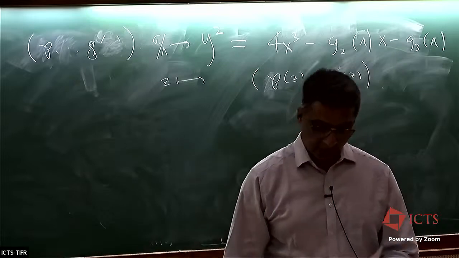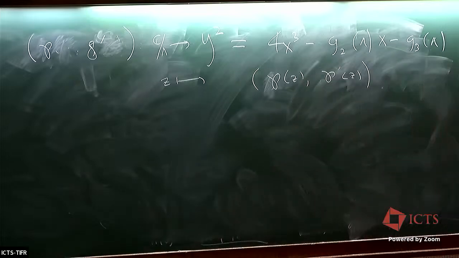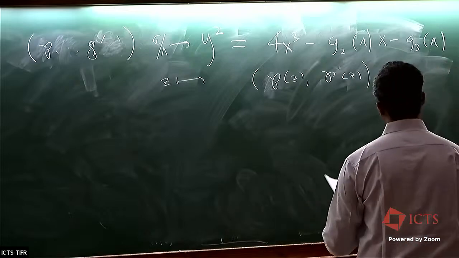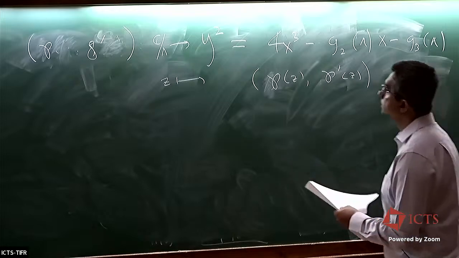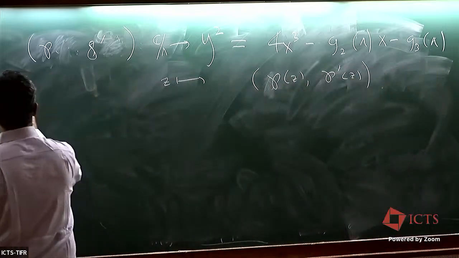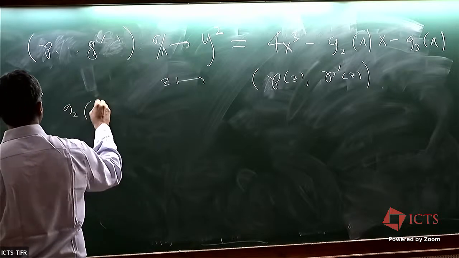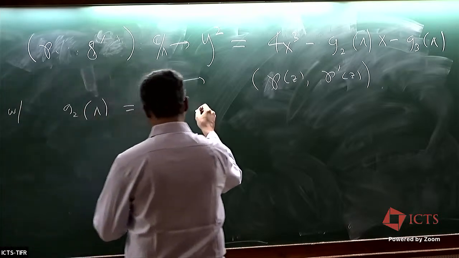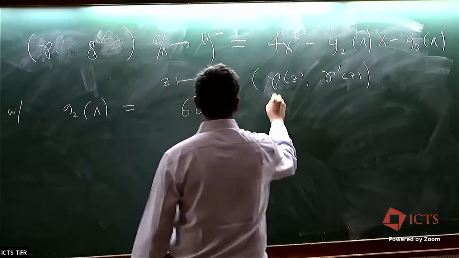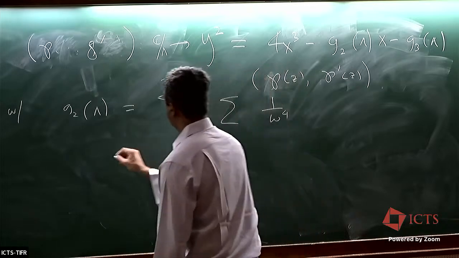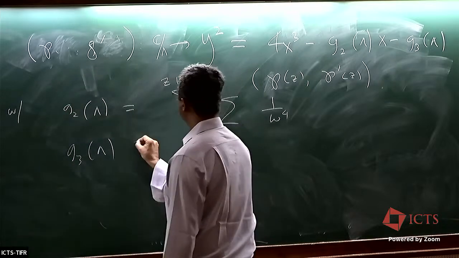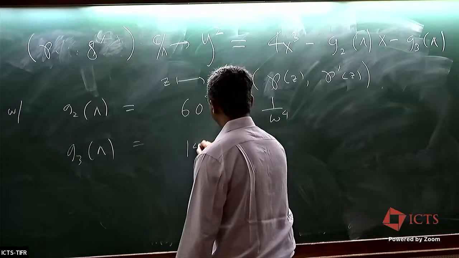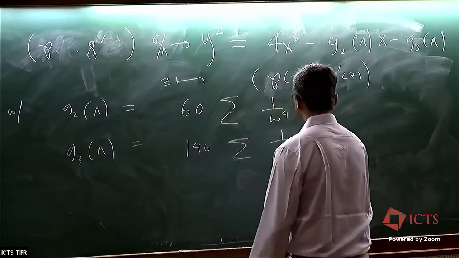Okay, so it turns out that this is true. This is all part of the theory of elliptic curves over the complex numbers, but from the algebraic geometry point of view, maybe. And what are these numbers g2 of lambda and g3 of lambda? They're some constants depending on your lattice. So g2 is 60 times the sum of 1 over omega to the 4, and g3 of lambda, notice the 2 becomes a 4 and the 3 becomes a 6, conventions, is 140 times the sum of 1 over omega to the 6.